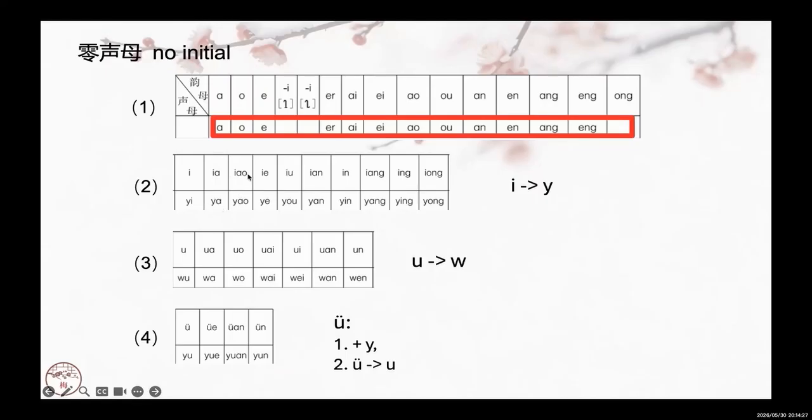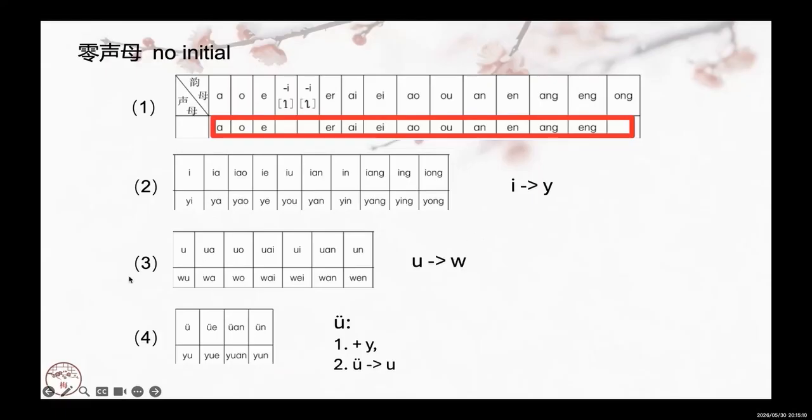Ya, yao, we change I to Y and we attach whatever is there. Yang, we change I to Y and we put the rest there. So one special thing is when there is nothing behind the I, we actually add the fake initial of Y and we keep I. So actually Y pronounces as I also. I plus I, that's yi, the same.